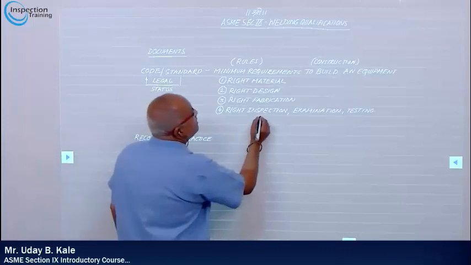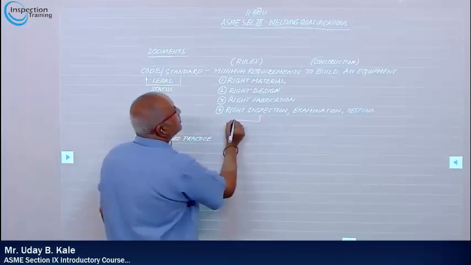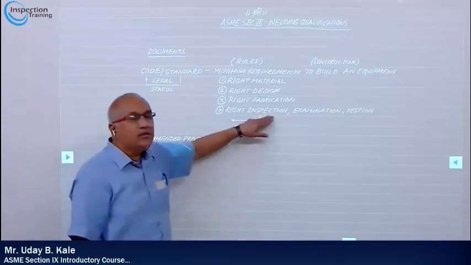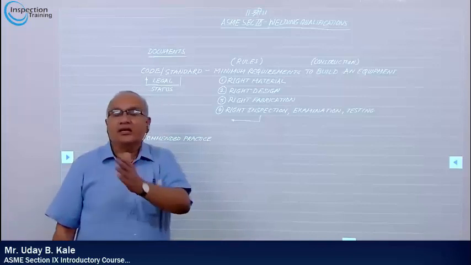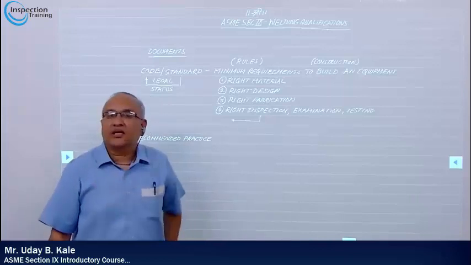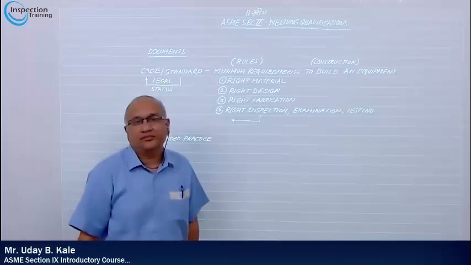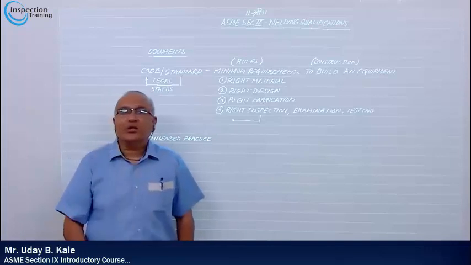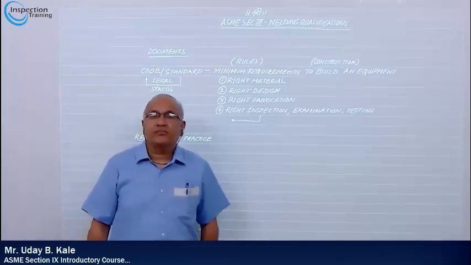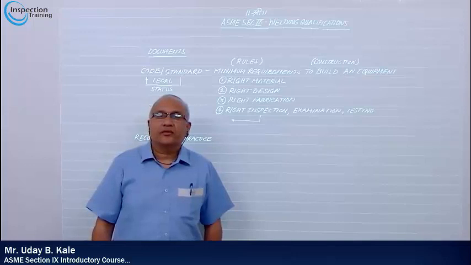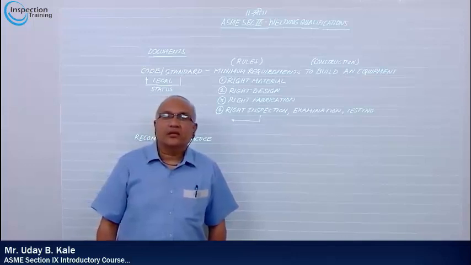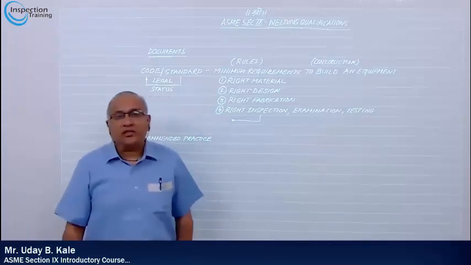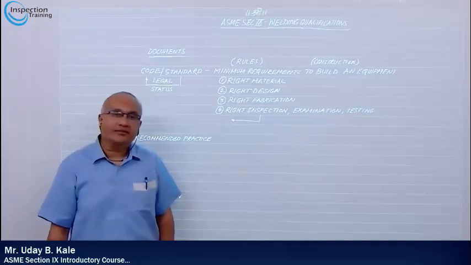So when we talk about inspection, some entity, some personnel must be there who is called an inspector. He will be available there to inspect. What does he follow? He follows an inspection and test plan.